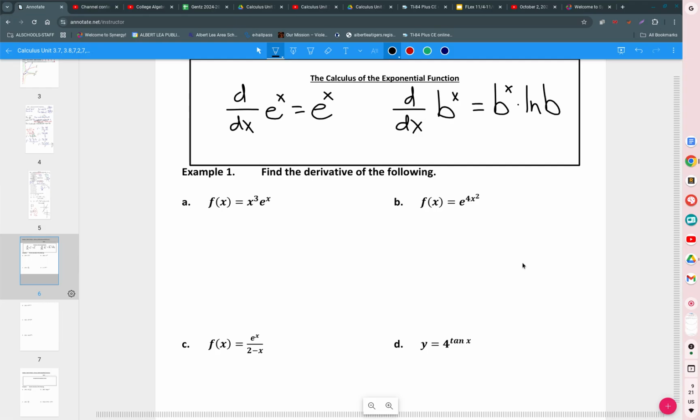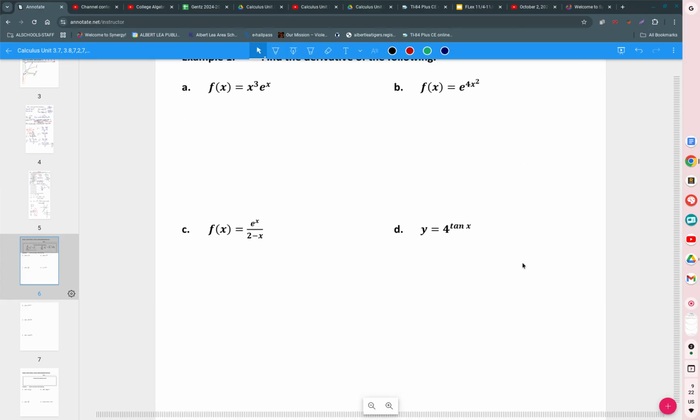For your driver's license, you only need to memorize that one. The second one doesn't come up very often. But if you're anything like me, you'd be asking, what if the base isn't e? And I would want to know. Well, now you know. So let us go about finding some derivatives and then giving you some work time.